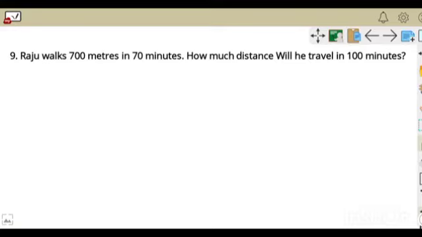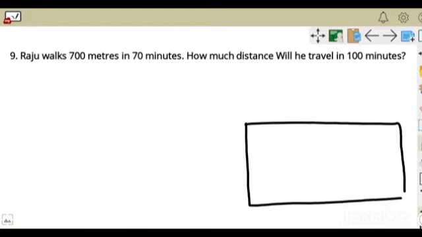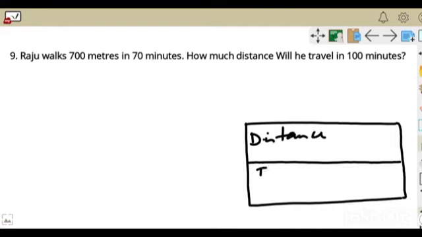Okay, so I'll draw the table first. I'll write here distance. Below that I'll write here time. Here distance is measured in terms of meter, so I'll write here in meter, and time in terms of minutes.